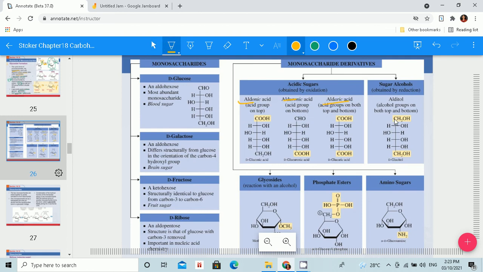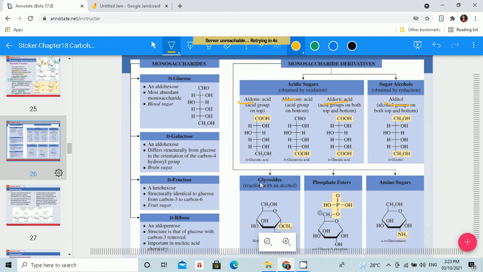And then we have sugars, okay, obtained from reduction. Okay, ang reduction is the addition of hydrogen. And then may mo siya alcohol, so may mo siya alditol. And in this case, this is glucose, so this is glucitol. And if it's galactose, galactitol.